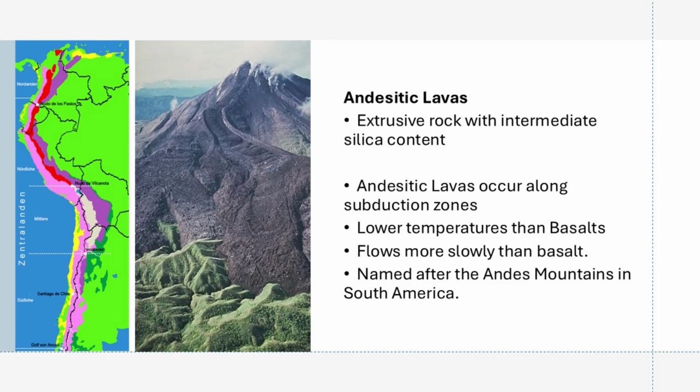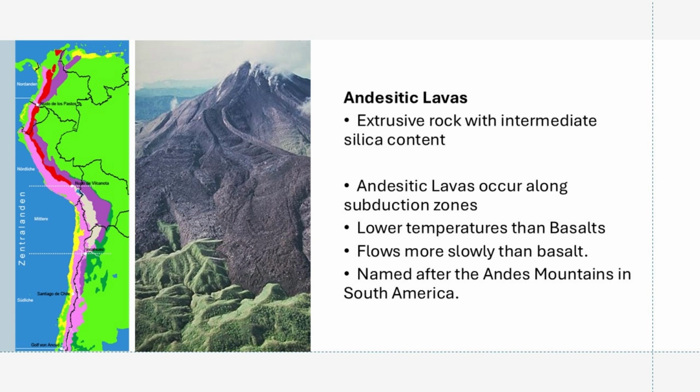So when we look at a more intermediate level of silica content, we're going to be looking at the andesitic types of lavas. It's an extrusive rock, again, with kind of an intermediate level of silica content, and they always occur along subduction zones. These have a little bit lower temperature than basalts, and they flow a little bit more slowly.